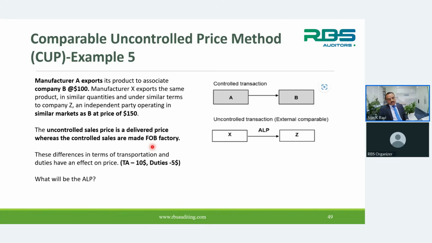So in that case, for example, let's say transportation and other duties are $10 and $5, then what will be the ALP? We have to make an adjustment for this, because the uncontrolled transaction's sale price is a delivered price, and the controlled, related party transaction is on FOB basis.